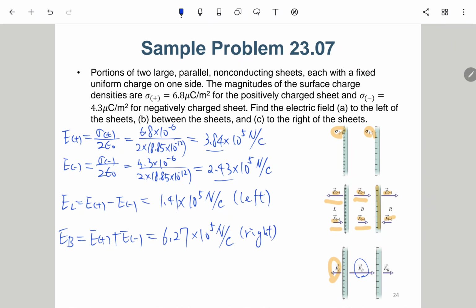And then finally, for E right, E plus and E minus point in opposite directions, so we have E plus minus E minus, which is 1.41 times 10 to the 5th Newton per Coulomb, and it will point to the right side.